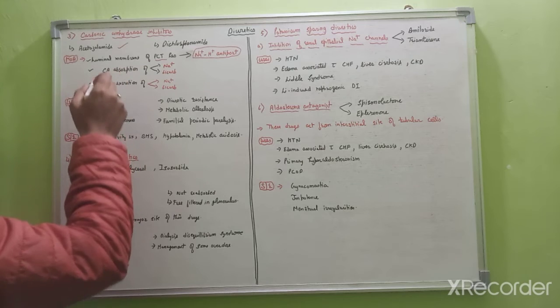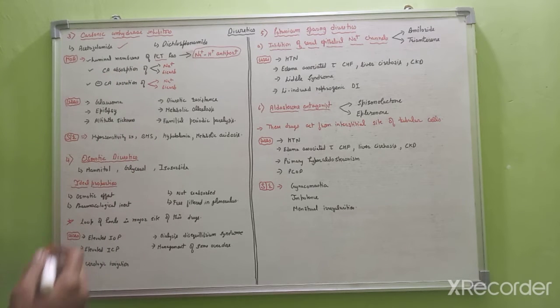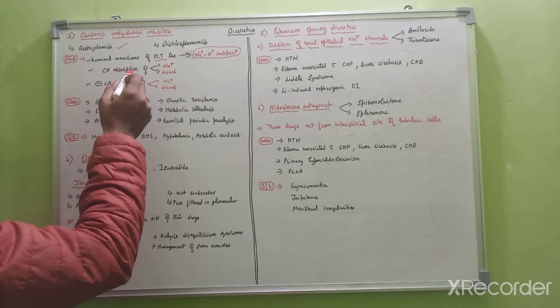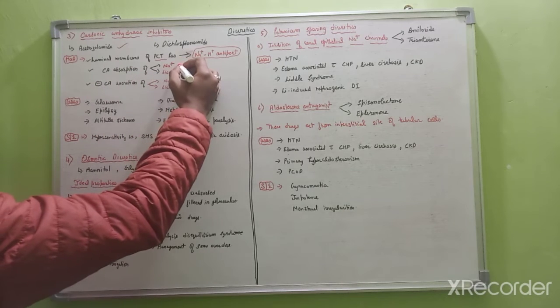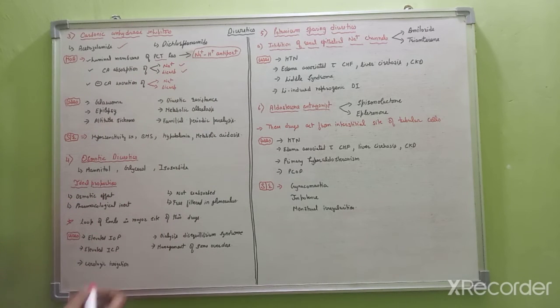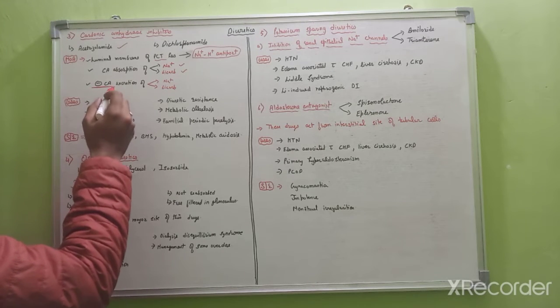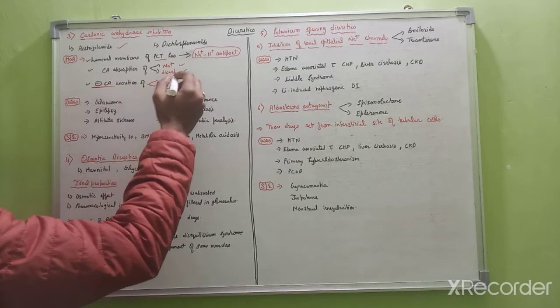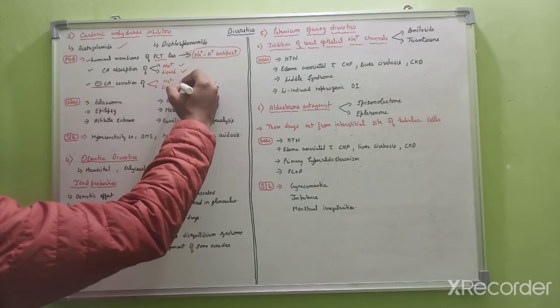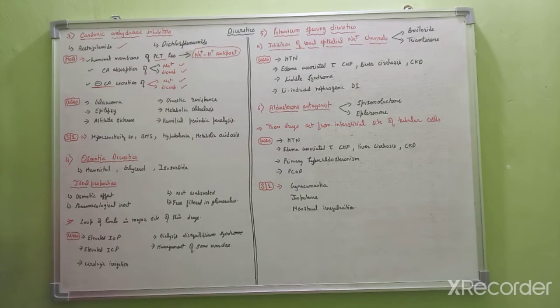There is a presence of the carbonic anhydrase enzyme. This enzyme does the absorption of sodium and bicarbonate ions. So if we inhibit carbonic anhydrase, then there will be excretion of sodium and bicarbonate in the urine.